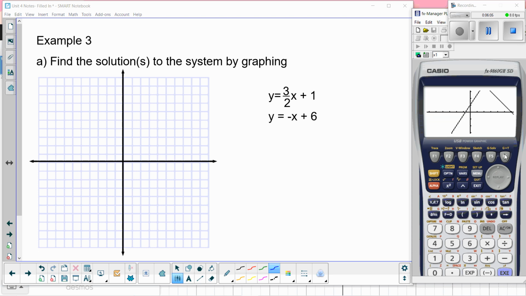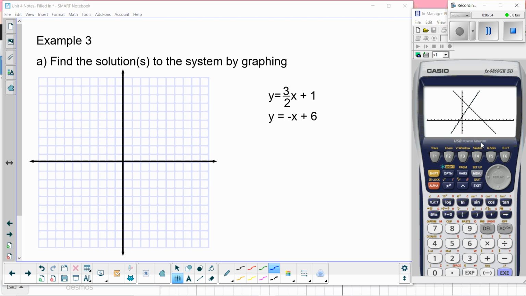Now I can't really see, so if I want to zoom out, I can press the zoom button and then out. And maybe I move this little arrow. So it zooms out so I can see it a little bit better. Okay, so now I know it's not easy to see where that point is.